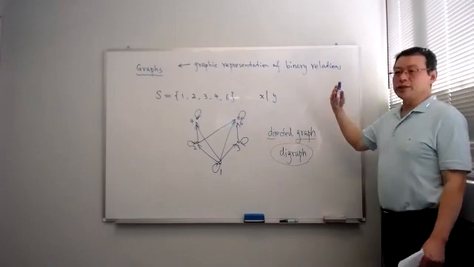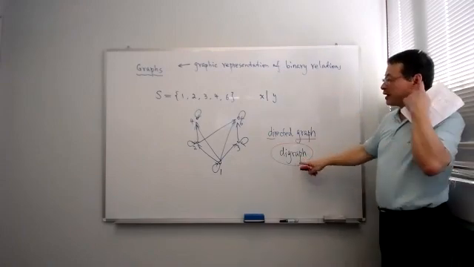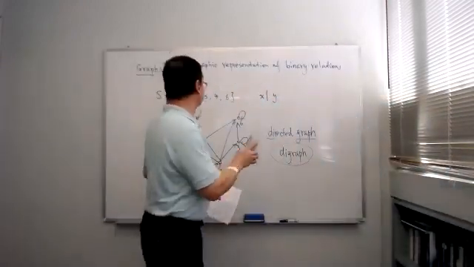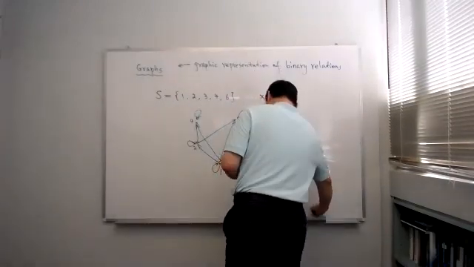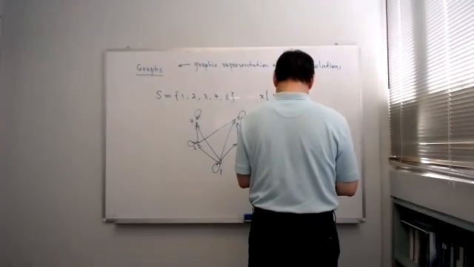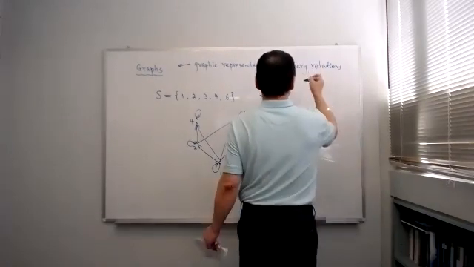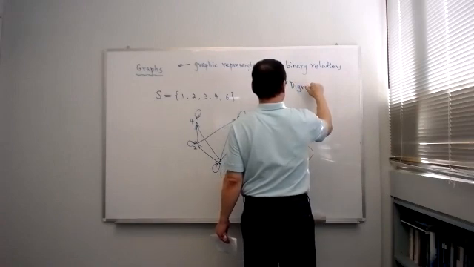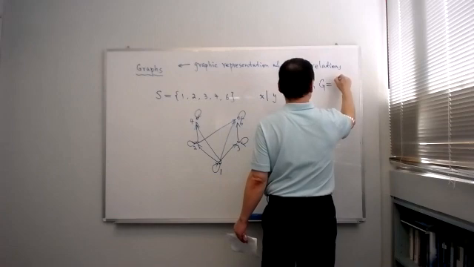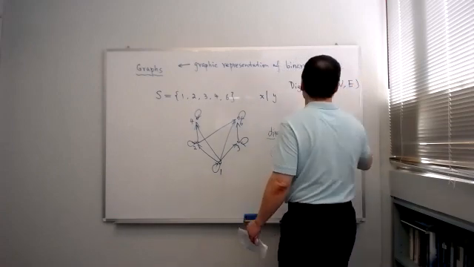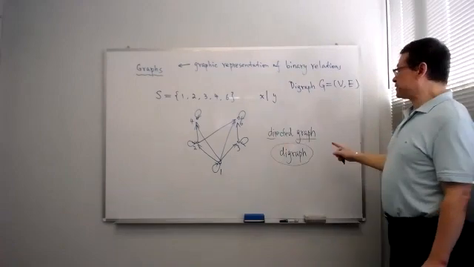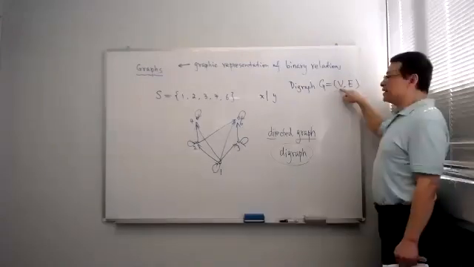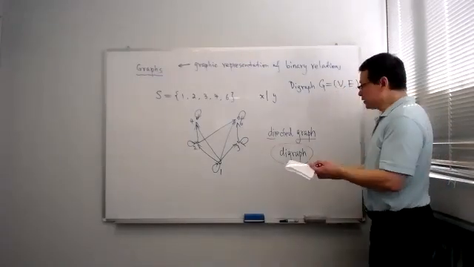So instead of saying it's just a binary relation, we'll define a digraph as a pair. So our definition will be: a digraph, a mathematical structure, contains two parts, V and E. Where V is called the vertices.